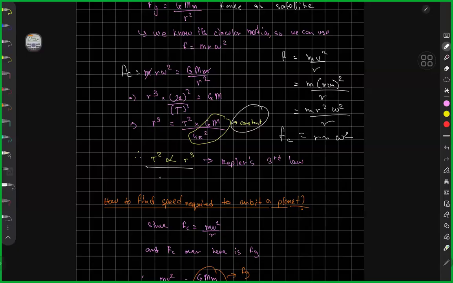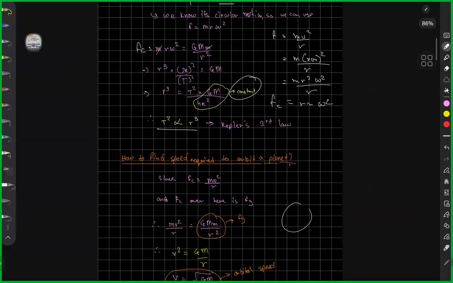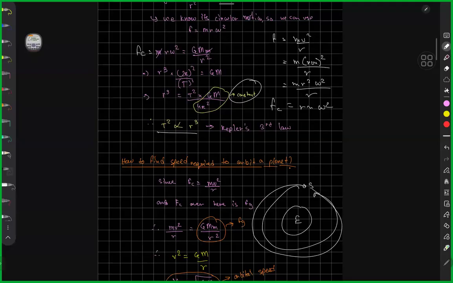How it's useful to you depends on the question that is presented to you. But I'll explain what this tells you. If I have a satellite S going around Earth E, and I increase the time period for the satellite to go around Earth, so let's say right now the time period is 24 hours, every 1 day the satellite completes an orbit around Earth.